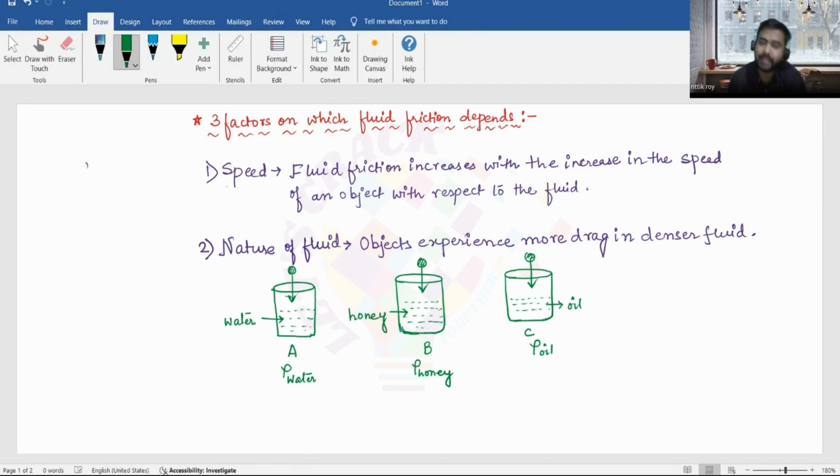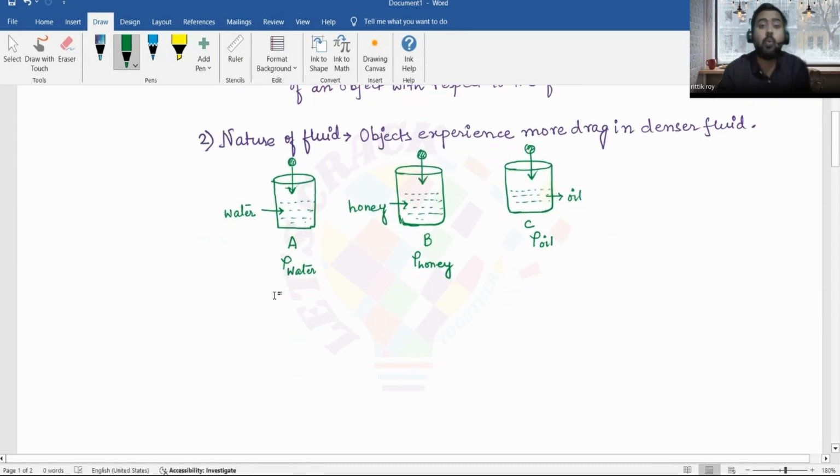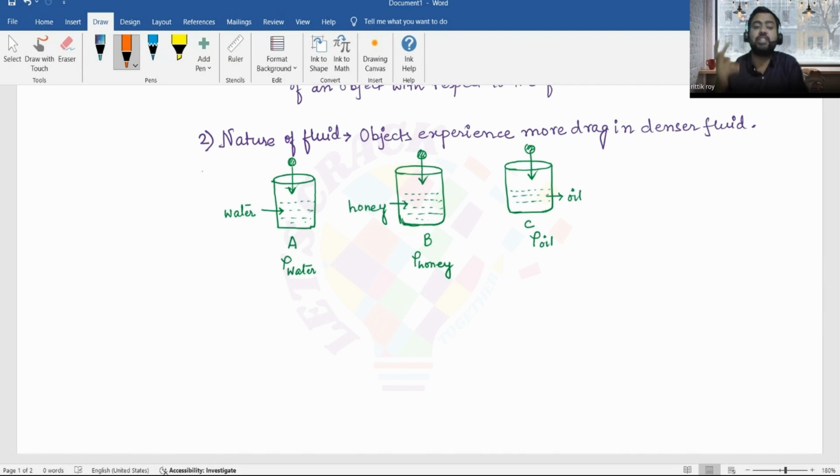Now we will be observing that the ball that I have thrown inside the fluid, in water it takes less amount of time to sink and reach the bottom of the vessel, but in case of oil comparatively the time will be more, and in case of honey, the density being comparatively more, it will take even more. Now why is this happening? Because we have studied that friction depends on one factor, which is nature of the fluid.